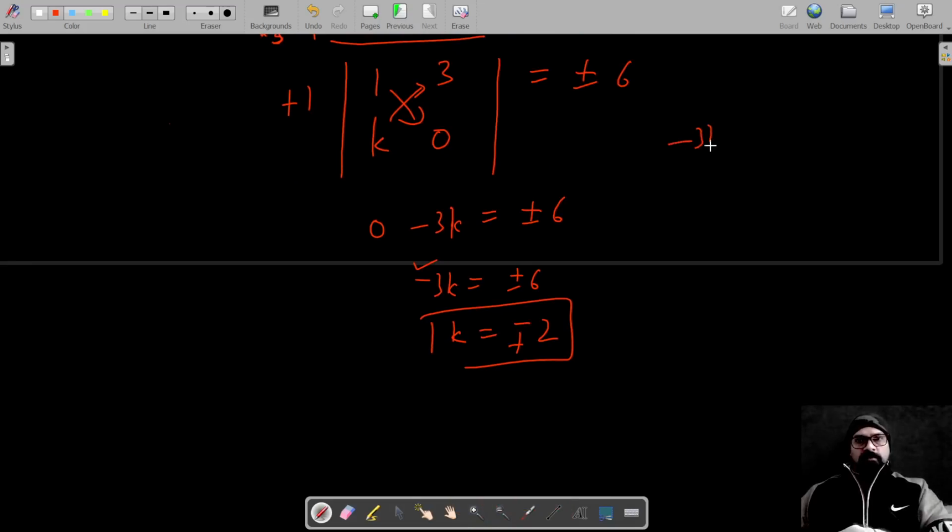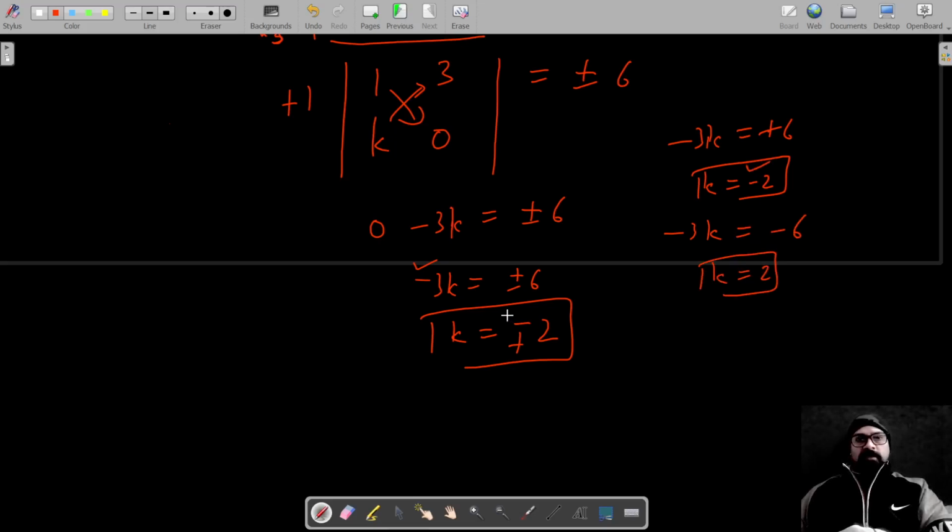Let me show you how. First of all, because it's positive, we will take plus 6, which gives me k equal to negative 2, and if we take negative 6, we get k equal to 2.